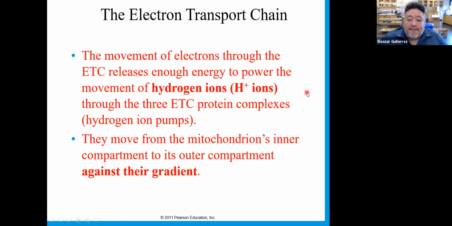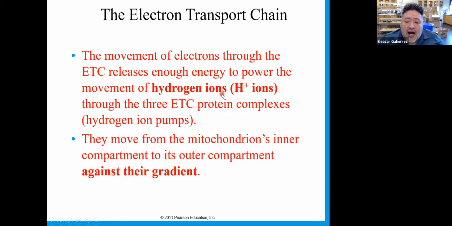Okay, so the movement of electrons through the electron transport chain releases enough energy to power the movement of hydrogen ions. Remember the NADH shuttle? How I told you that was 2 electrons and 2 protons. That those 2 protons were going to have a job. Well, here they are.